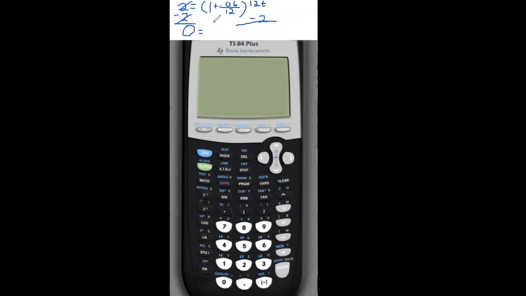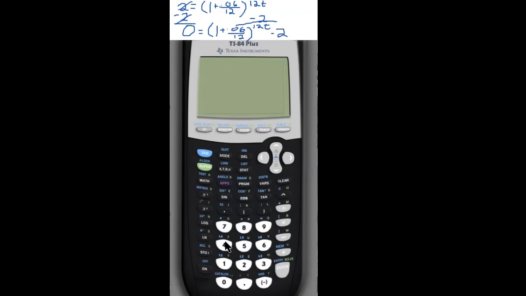And then on the right side, we're going to have (1 plus 0.06 over 12) all to the power of 12t, and then minus 2. So we just subtract 2 from the end of the right side of the equation.